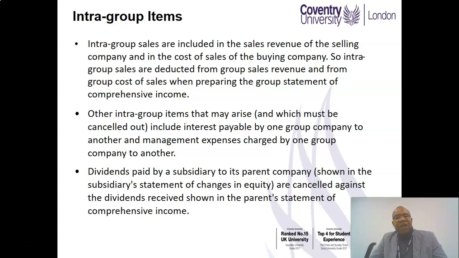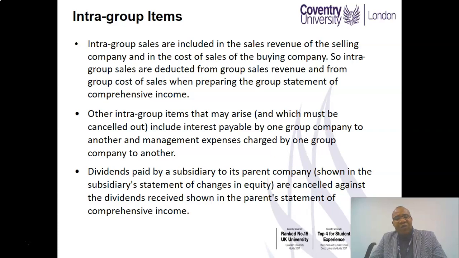However, if any interest has been paid in the intervening period, the company that paid that interest will show it as finance cost, and the company in receipt of the interest will show it as finance income. When we prepare consolidated statement of profit and loss, we have to remove that interest from finance income as well as from finance cost.